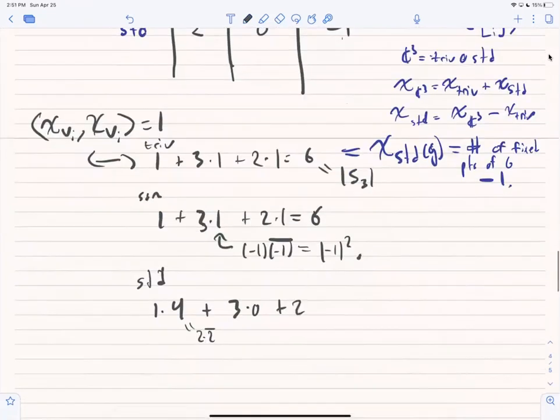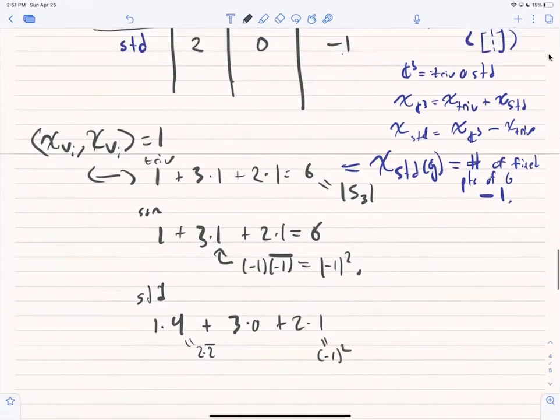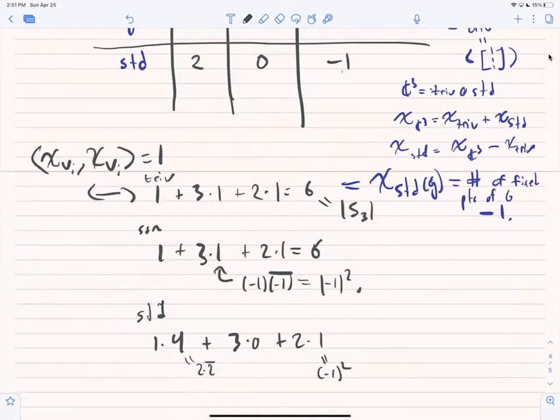So -1 times -1 bar, and the total is equal to 6.